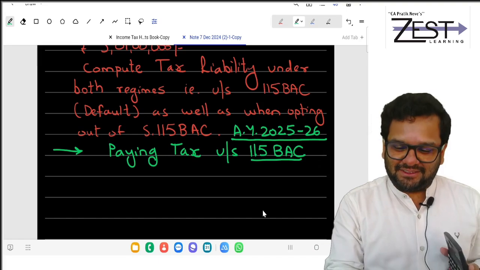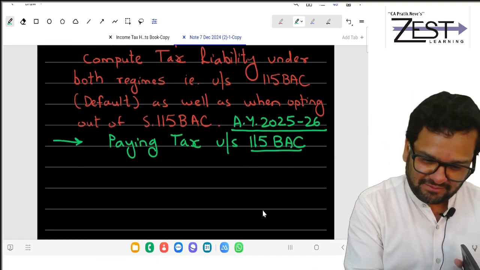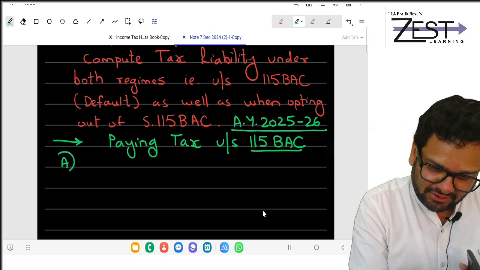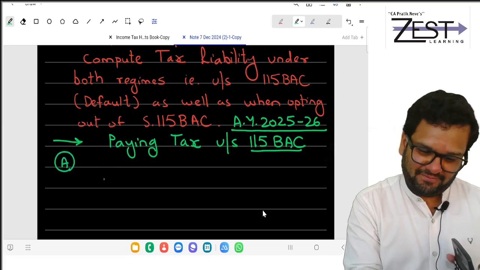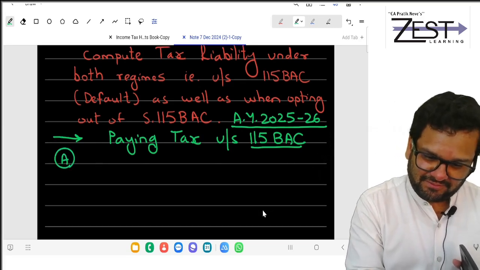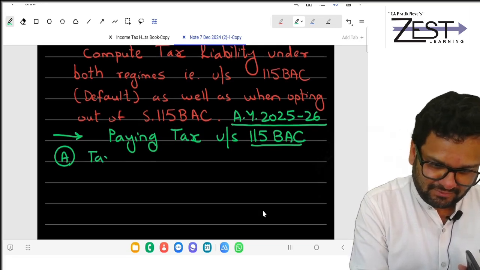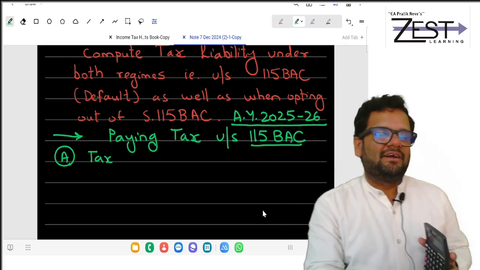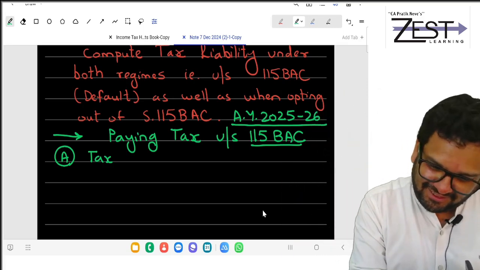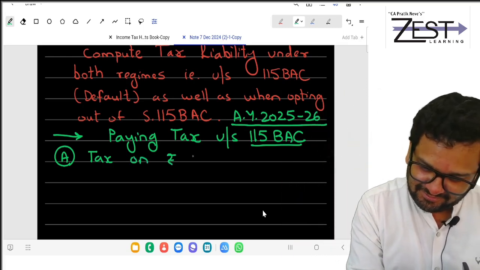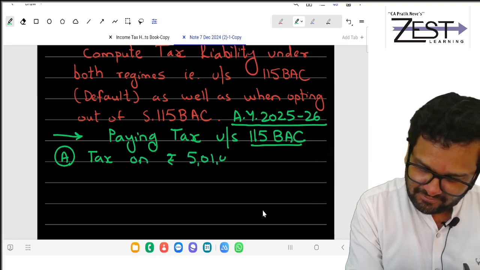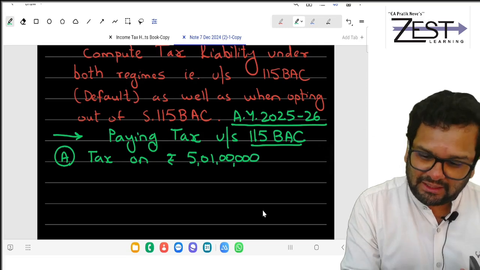Yes, paying tax under 115 BAC. A point. What is your A point? Tax on 5 crore 1 lakh.